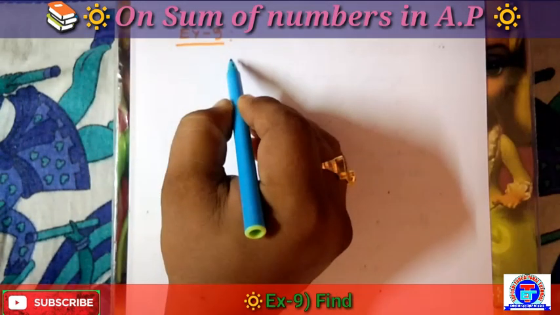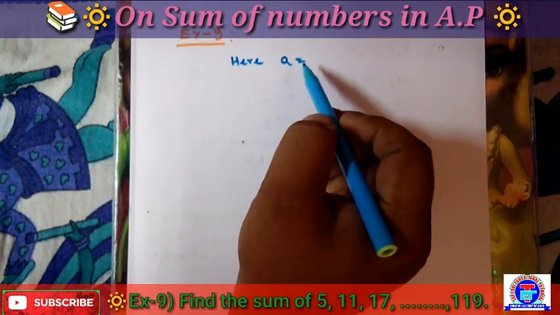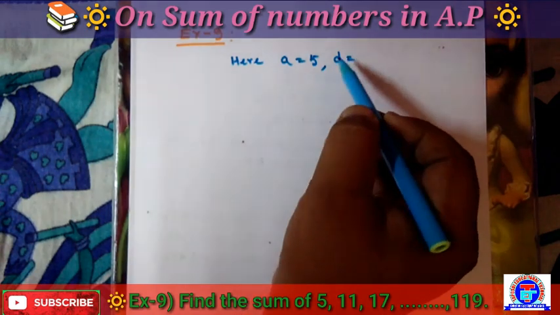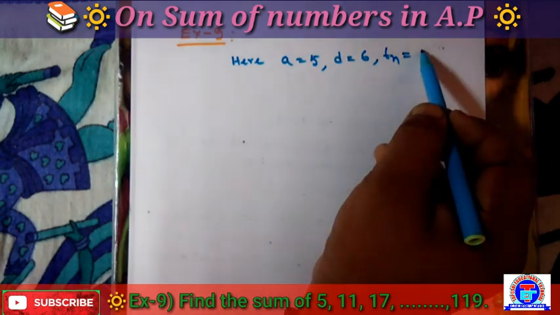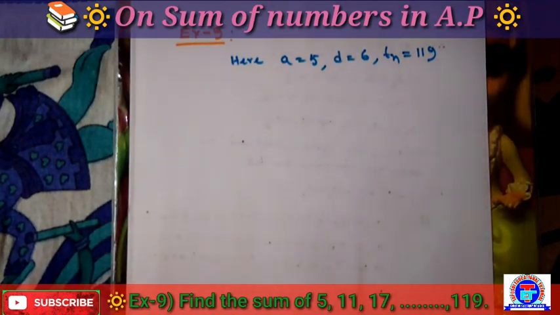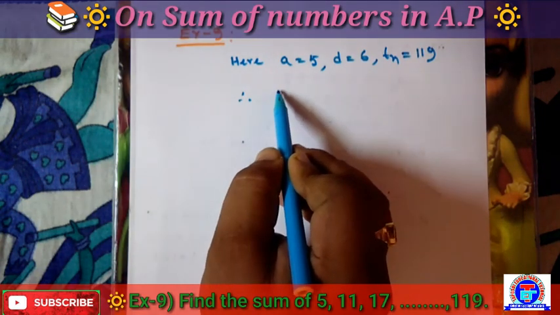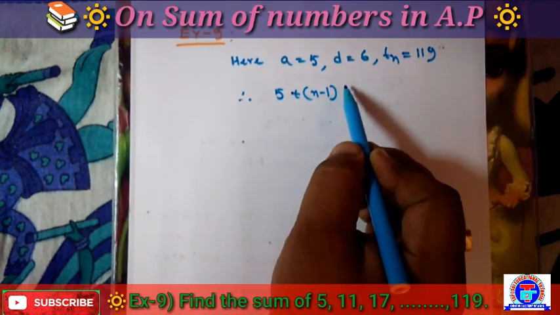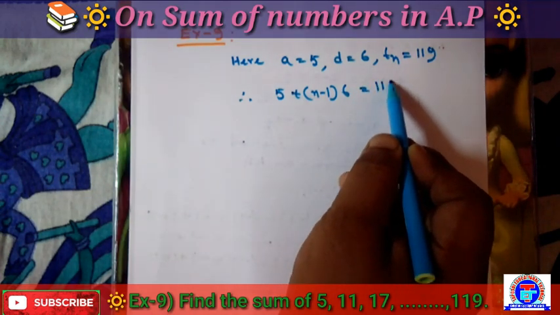Here given a is equal to 5, d is equal to 6 and tn is equal to 119, right? So therefore we write in this formula, 5 plus n minus 1 into 6 is equal to 119.